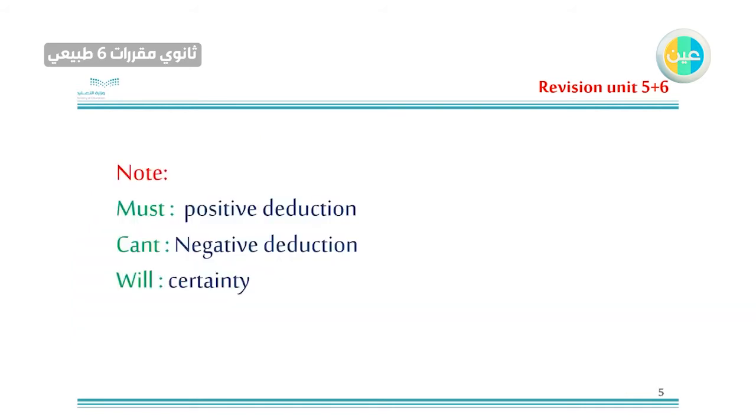Notice that if you want to express positive deduction, you will use must. Positive deduction means you guess something or decide something according to reason. So if this conclusion that you come to is positive, use must. If it's negative deduction, use can't. If you want to express certainty, use will.